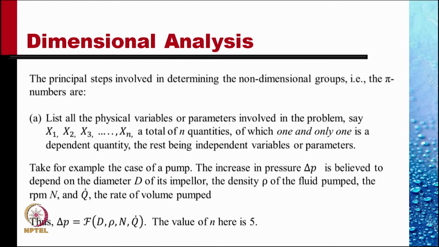So we can write delta P as a function of d, rho, n, Q dot. Here the value of n is 5. There are 5 parameters involved. One of them, delta P, we treat as dependent parameter, and the other 4 are independent parameters.